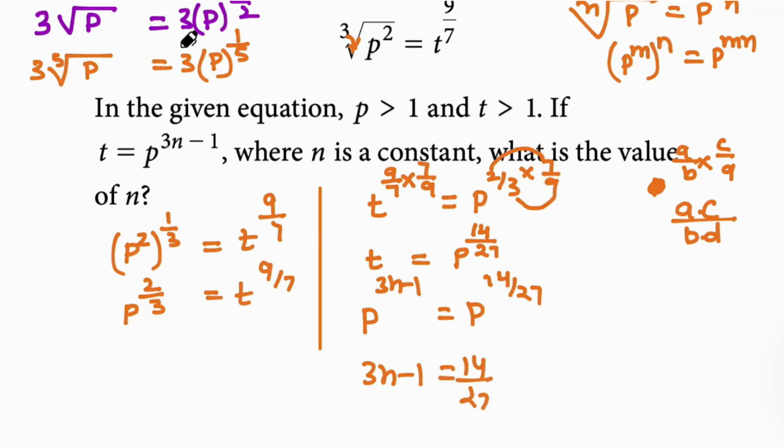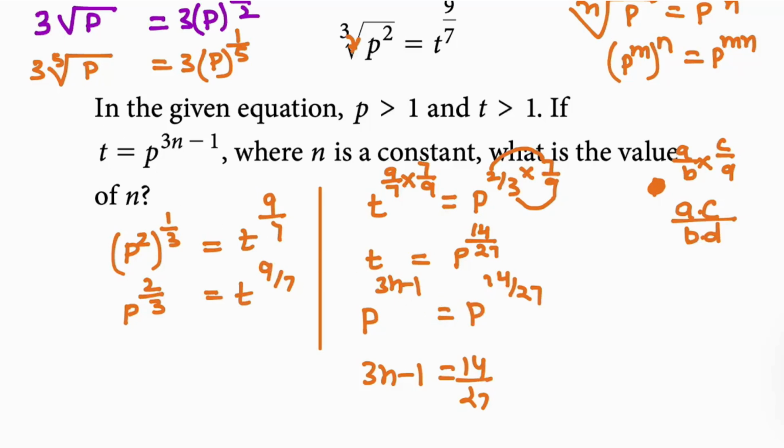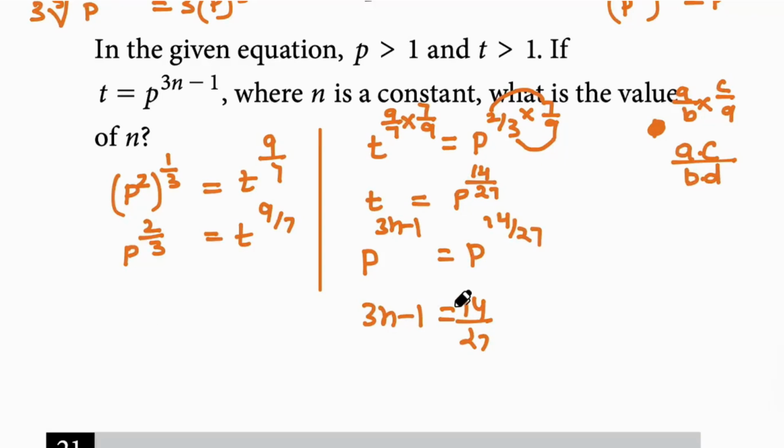Right? So you must be checking how many rules are used. Rule number 1, right? Rule number 2, how powers can be multiplied. Rule number 3, that when there are same bases on the opposite side, powers can be equated. Now we have to calculate n. So now fractions are tested.